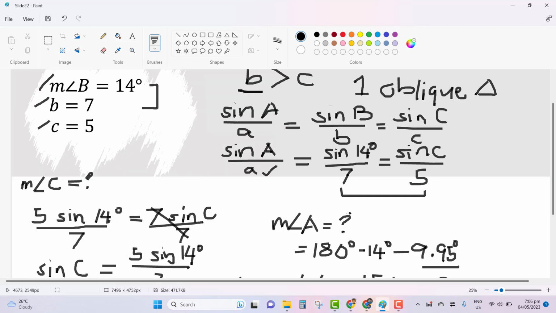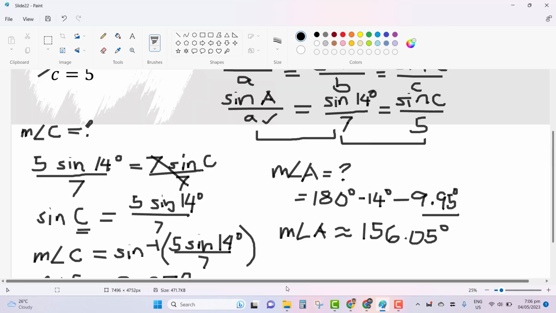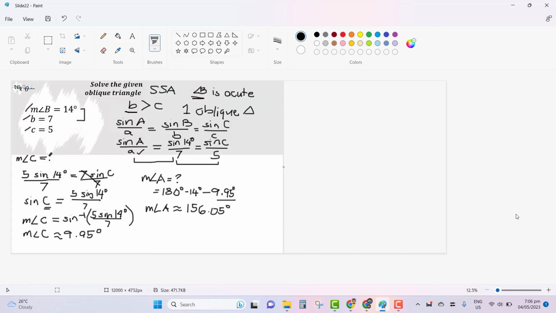To do that, we'll be using the pairing of these two ratios. Even if angle A is already an approximated value, we cannot actually create a process where we will not be using any, because if we pair this with the third one, C, earlier is already an approximated value. So let's finish it like this. Let us increase a portion here to the right.